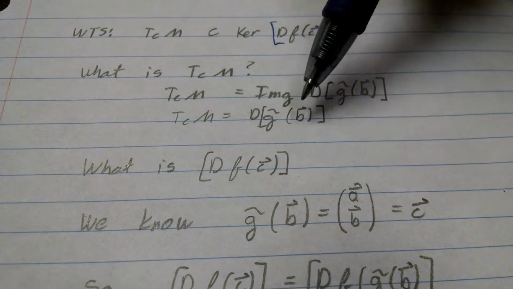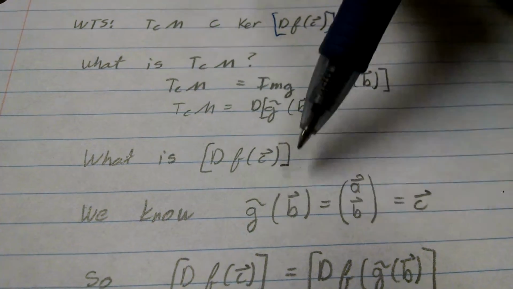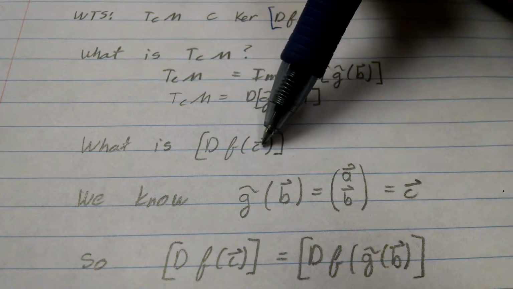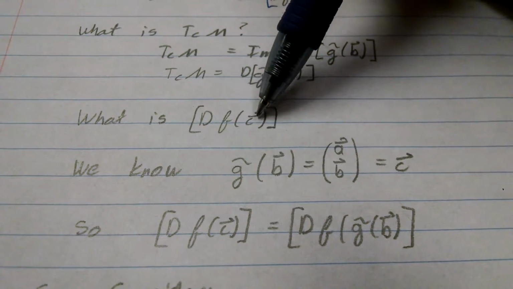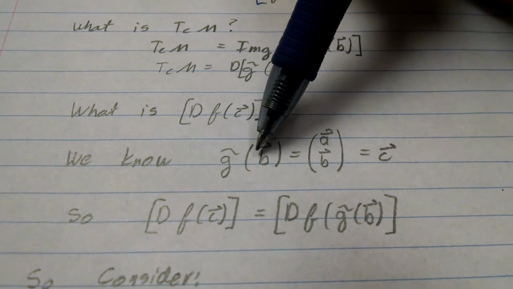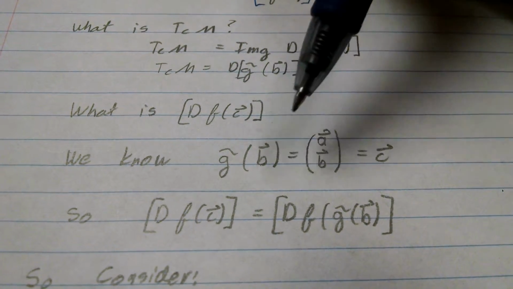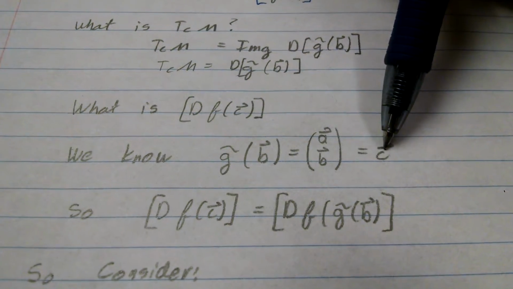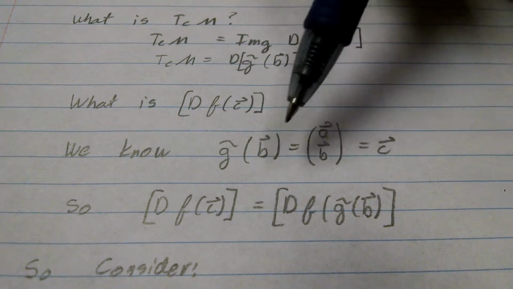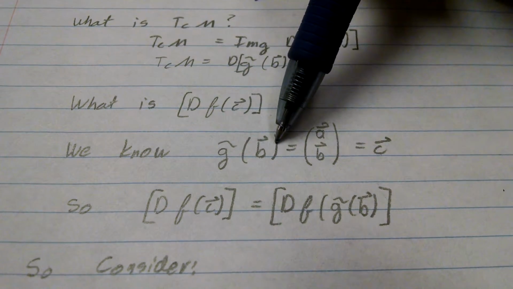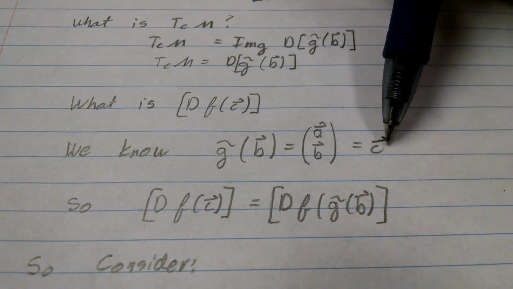So this is actually at point c. What is the derivative of f at c? Well, let's think about how else we can write this. We know that the graph function of b is a point on the manifold, where it gives us the passive and active variables, and it's actually c. So this is a really cool relationship. The graph function of the active variables b gives us the point c on the manifold.